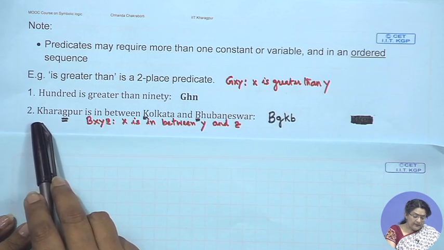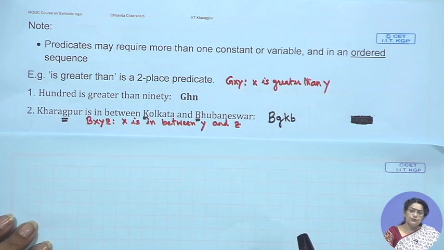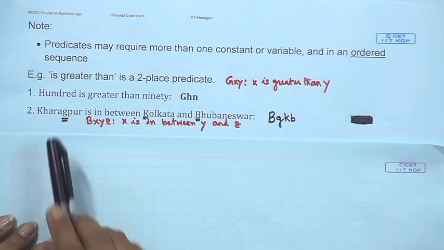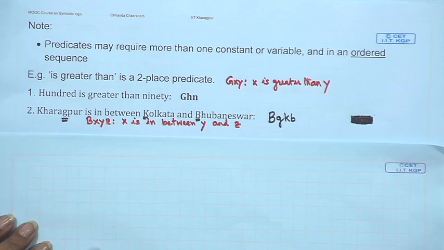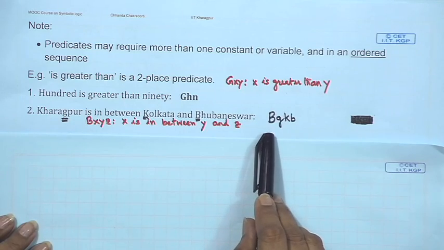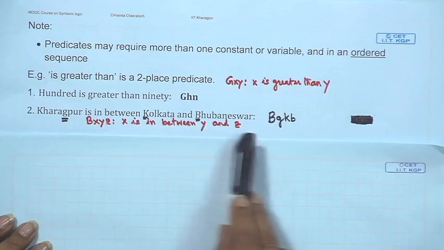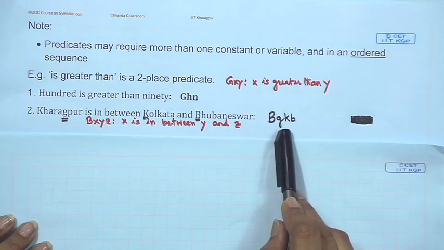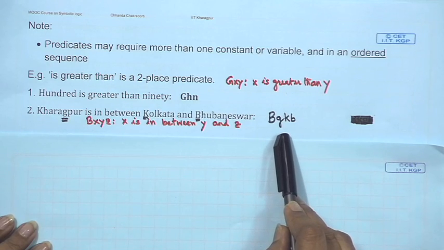Given that we are trying to represent 'Kharagpur is in between Kolkata and Bhubaneswar': Kharagpur is a place, the name of a place, so we need an individual constant. Kolkata and Bhubaneswar also need individual constants. So, your translation becomes B, then G for Kharagpur. Kharagpur is in between. That is what I said, it is an ordered sequence, you can't change it, you can't bring Kolkata and Bhubaneswar before. So, Kharagpur is between Kolkata and Bhubaneswar. G represents Kharagpur.